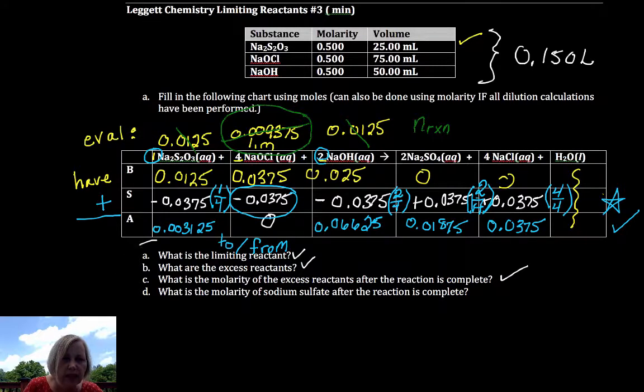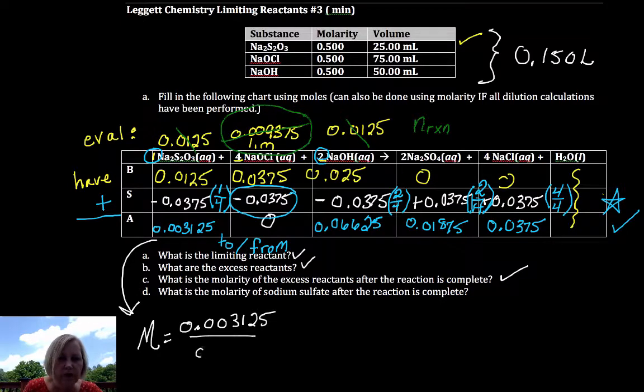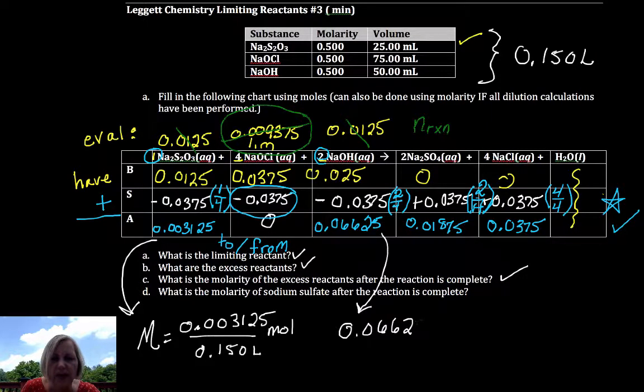So my molarity of Na2S2O3 is equal to its moles, 0.03125, over the volume. So that's pretty much all there is to it. All of these are simply taking moles over volume. For my sodium hydroxide, I have 0.06625 moles over 0.150 liters.